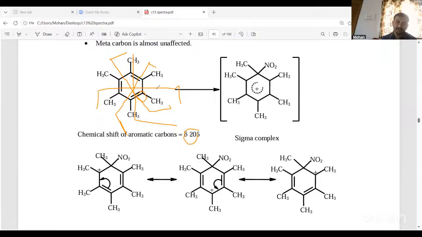So when they performed this nitration on this hexamethyl benzene, right? They got the substitution of the nitro group by an ipso attack. We call it ipso attack because the nitro group is attacking the carbon which is already substituted, right? So this is called the ipso position, ipso carbon.